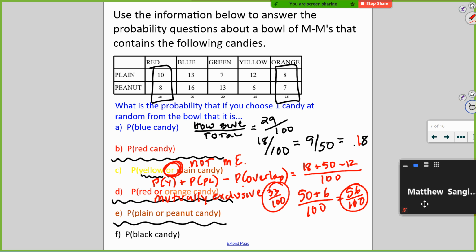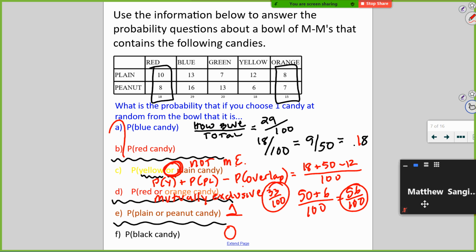And again, this is all common sense type stuff, right? There's going to be one on the next slide that's a little different. So then the last two, right, are our sure event. It's either plain or peanut. Our impossible event, no black M&Ms in our bowl. So you have really 4 different types of probability here.